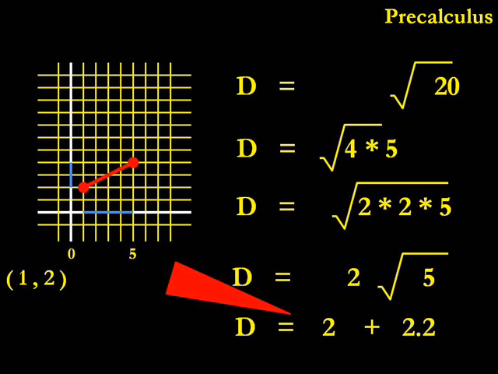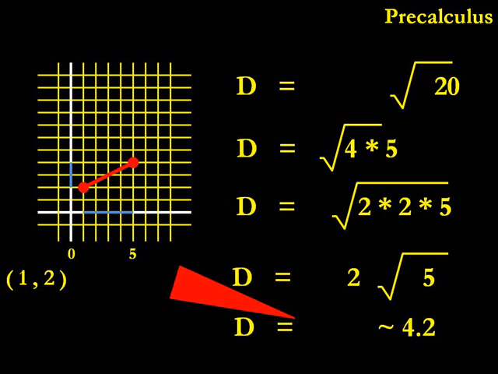The square root of 5 is about 2.2. And in math, specifically with doing a lot of finer calculations, you don't want about. You want the exactness of the square root of 5. You don't want about 2.2. But if you did want to simplify this down into being just a single number, and you did take the square root of 5, it would be about 2.2, so then D would equal about 4.2.